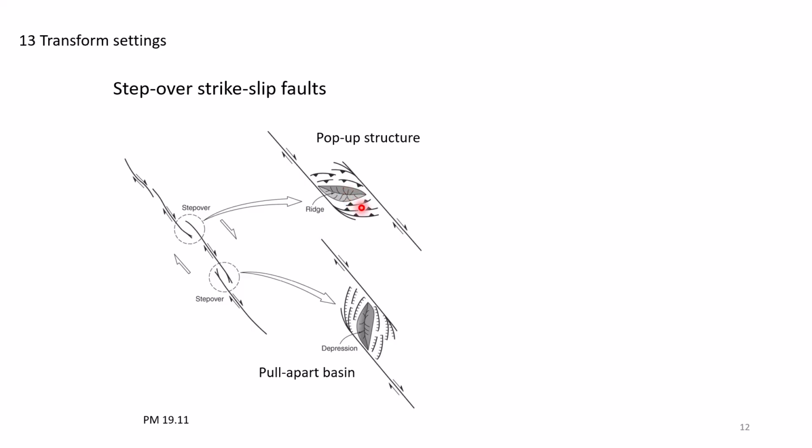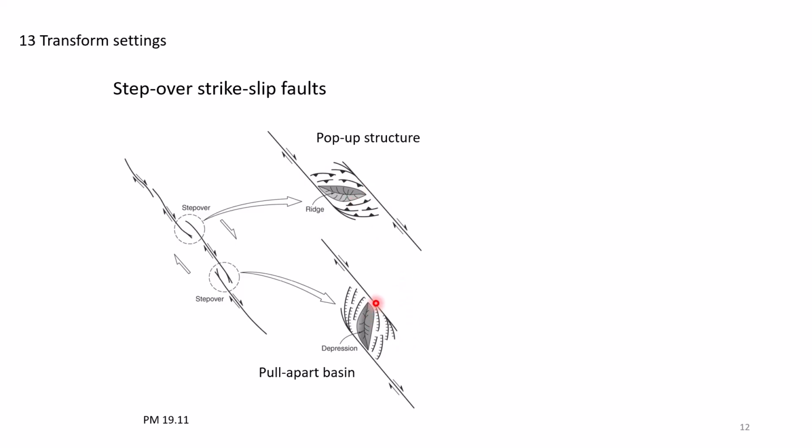These contractional structures will be reverse or thrust faults which contract the crust in this area simply because the two blocks are running into each other. And again, if we are talking about recent tectonics that are still active, it is very likely that we find in this area a topographic high because material is pushed together.